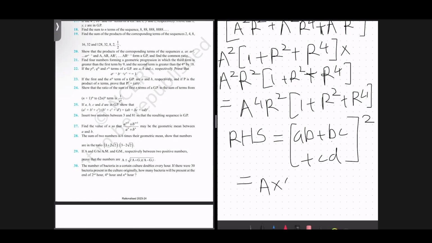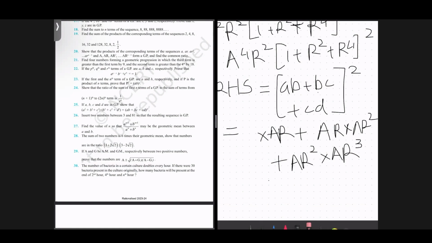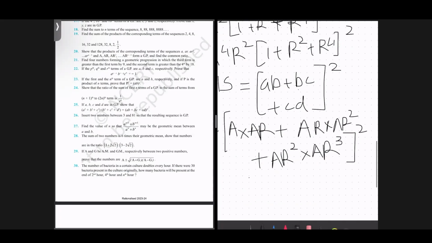A into B is A into AR, plus B into C, which is nothing but AR into AR square, plus CD, which is nothing but AR square into AR raised to the power 3. What I've done is I've just plugged in the values of A, B, C, and D into the RHS part, and I've squared this entire term because that is what the RHS is going to be.